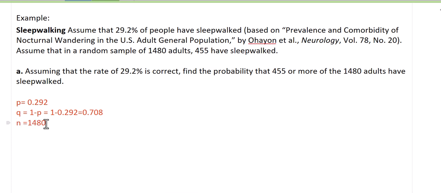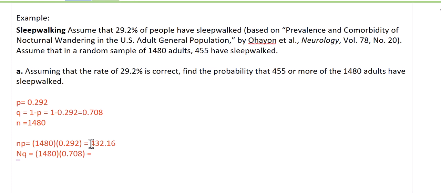And so based on this, we can use the approximation to the binomial. So the mean is going to be NP. So 1480 times 0.292, which ends up being 432.16. And then NQ is going to be 1480, again the size of the sample, times Q, which is 0.708.